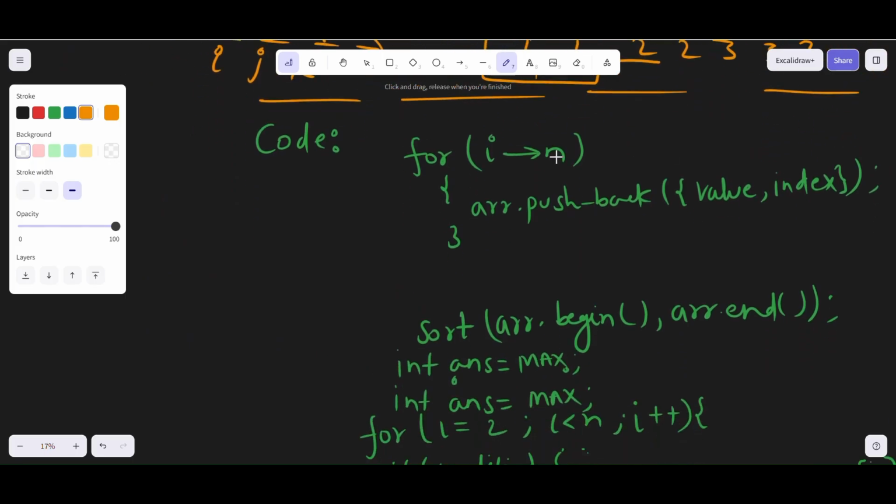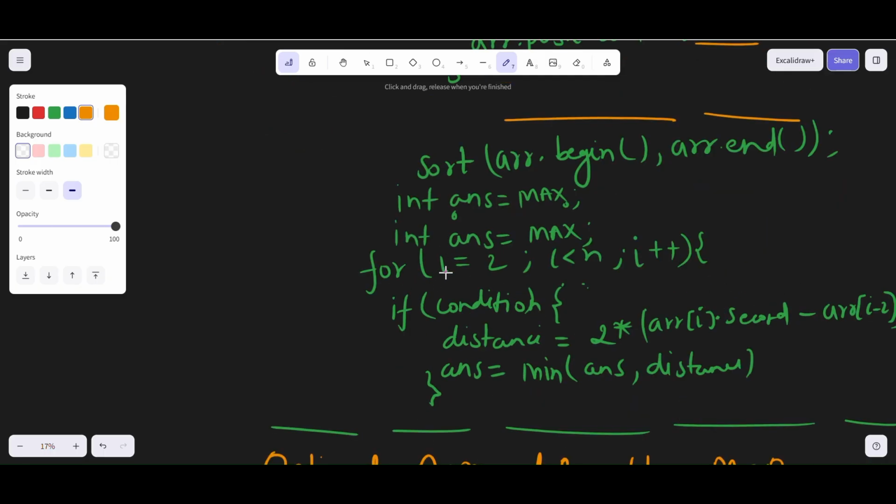So the code is very simple. We push all the value, index pairs into a new array. After that we sort this array and iterate from i equal to 2, because we need at least 3 values.